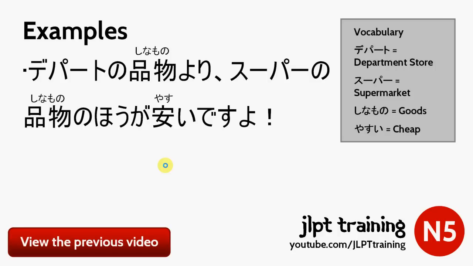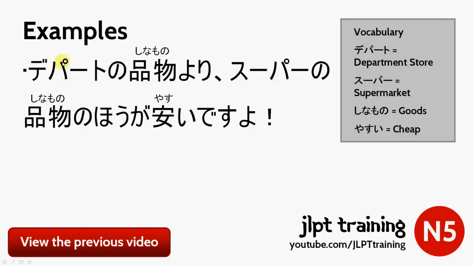This time I'm not going to do a breakdown, but let's just read it out. Depato no shinamono yori super no shinamono no hou ga yasui desho. Okay, so I've got the vocabulary here. Department store and goods, so the items sold by the department store, and super is supermarket, and of course shinamono, again, the items sold by the supermarket, and yasui is cheap.